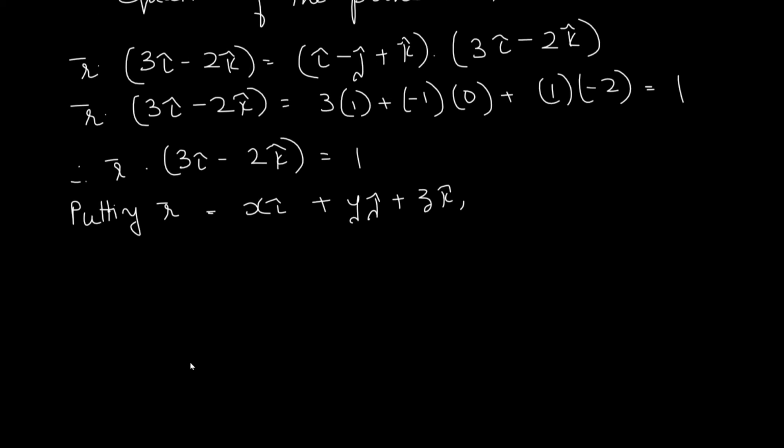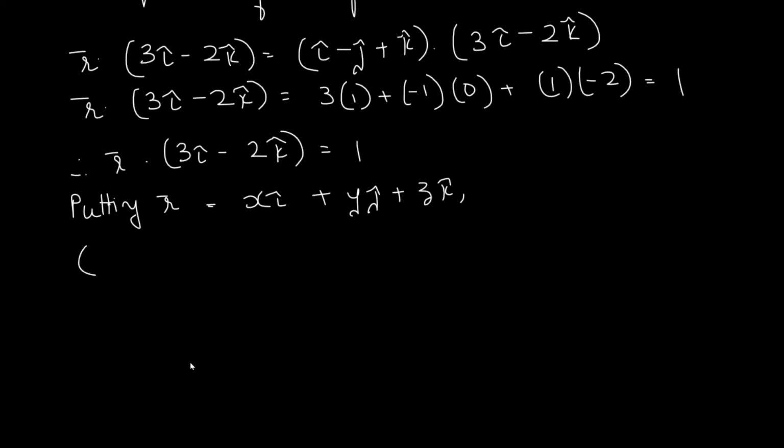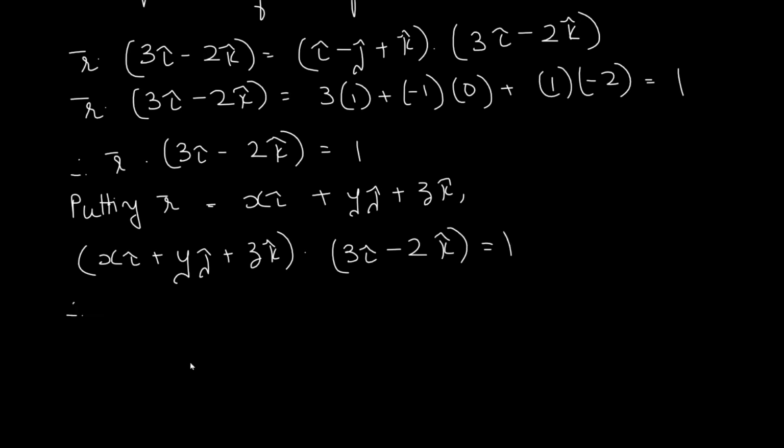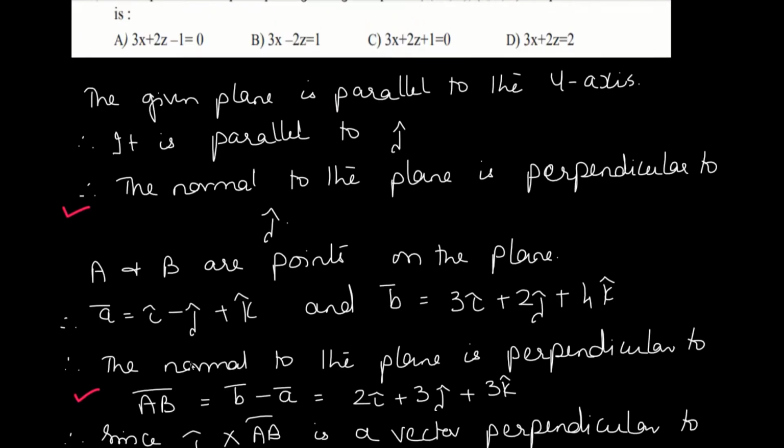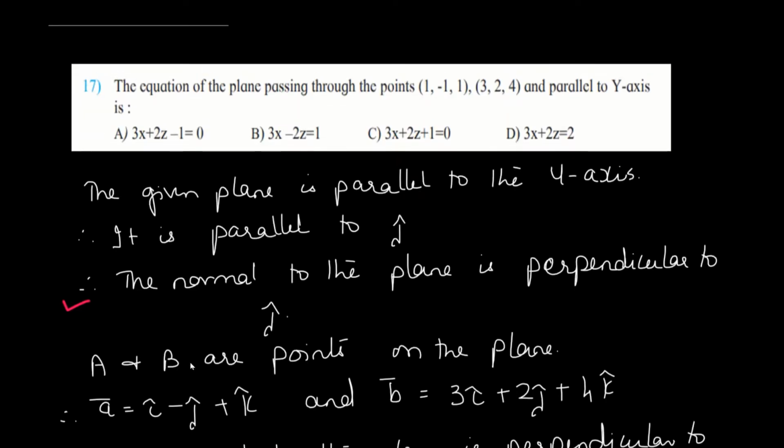We get (xi plus yj plus zk) dot (3i minus 2k) is equal to 1, and therefore we have 3x minus 2z is equal to 1 as the equation of the plane. So 3x minus 2z is equal to 1 means B is the correct option. So thus we get the answer.